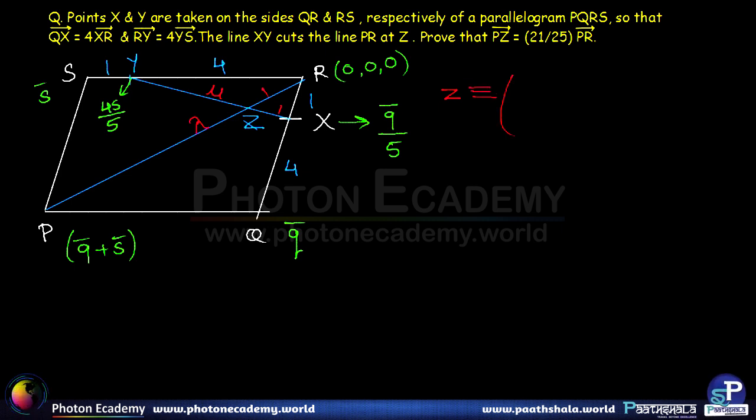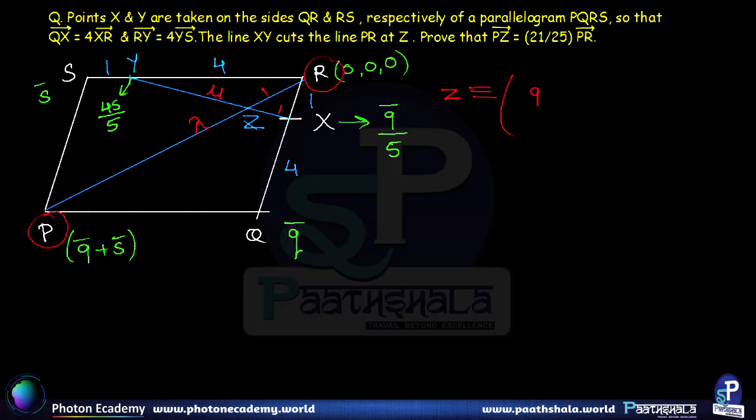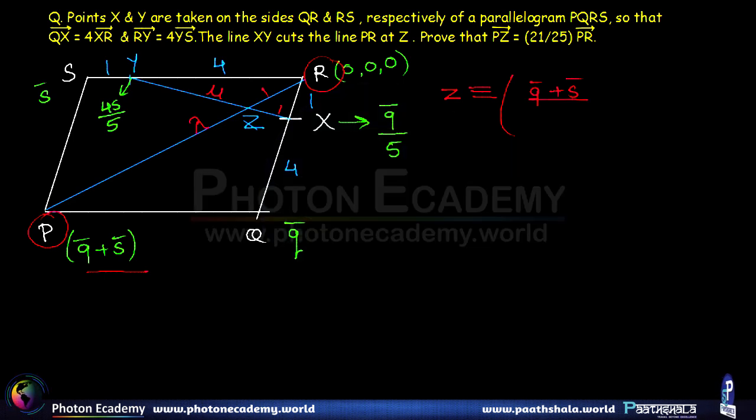So let's do it. Firstly, let's do for P and R. Using section formula, the position vector of Z is the position vector of P into 1, so that's Q plus S, and then lambda into 0, upon lambda plus 1.